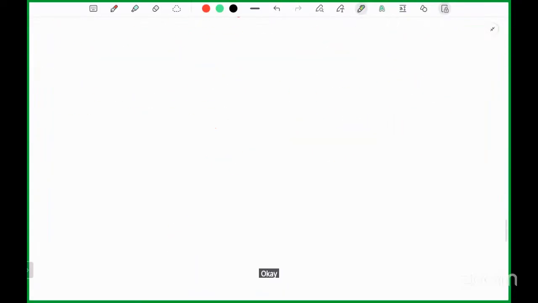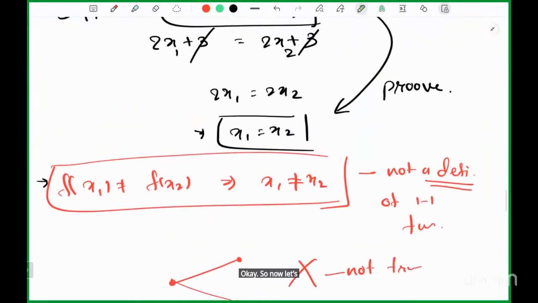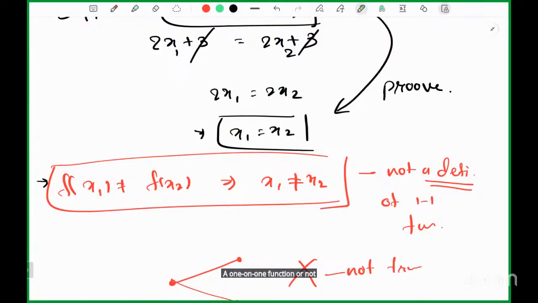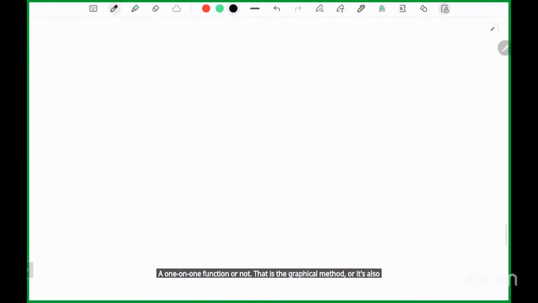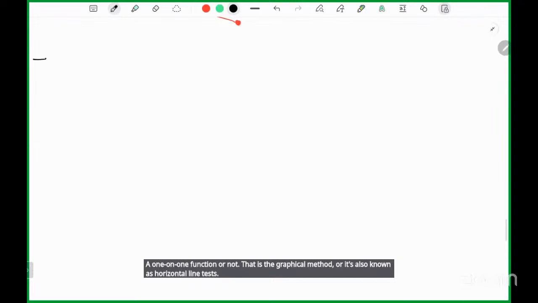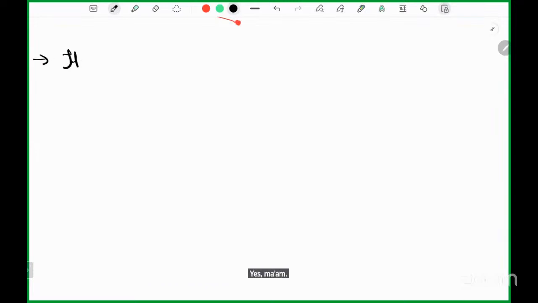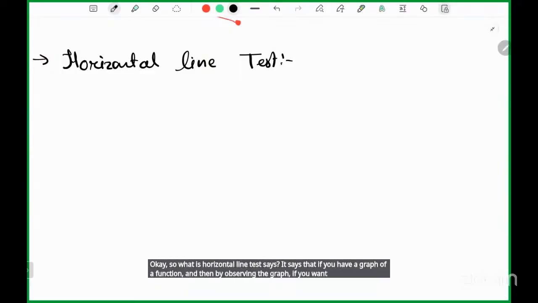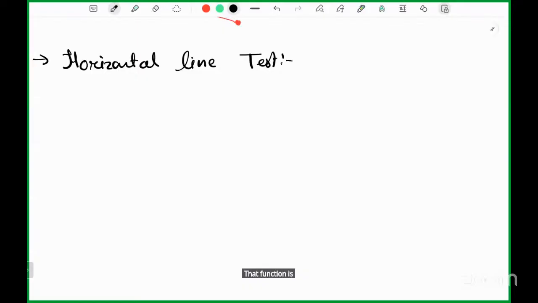Okay. So ma'am, now we have one more method by which we can say that a function is a 1-1 function or not. That is the graphical method, also known as the horizontal line test. So what does the horizontal line test say? It says that if you have a graph of a function and want to figure out whether the function is 1-1 or not, you will draw several horizontal lines.